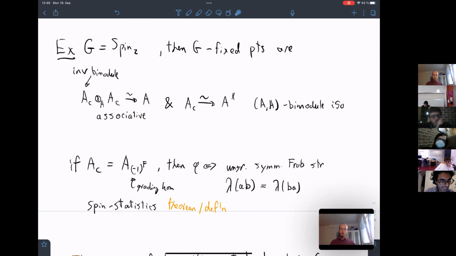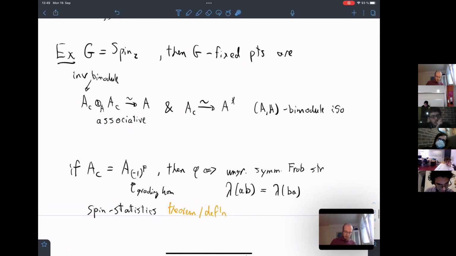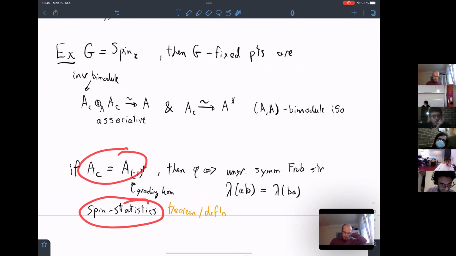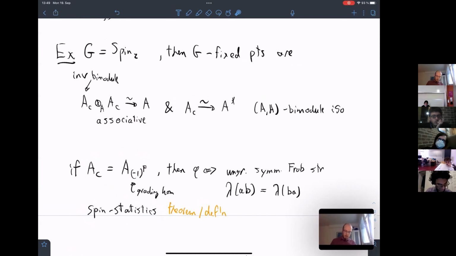And our observation was that if this bimodule turns out to be a very specific thing, this condition is motivated by the spin statistics theorem, then actually this spin 2 fixed point is equivalent to a Frobenius structure, which is symmetric.